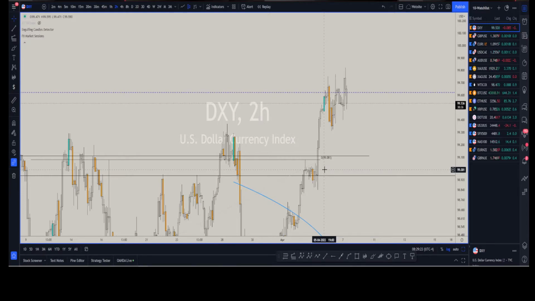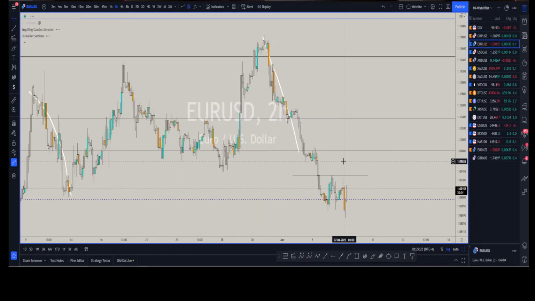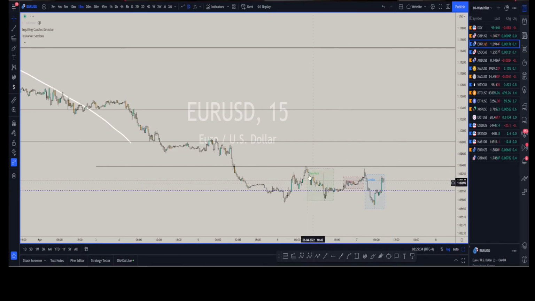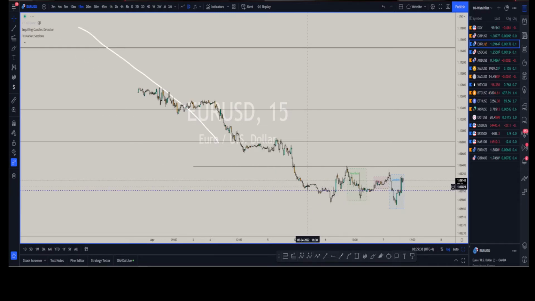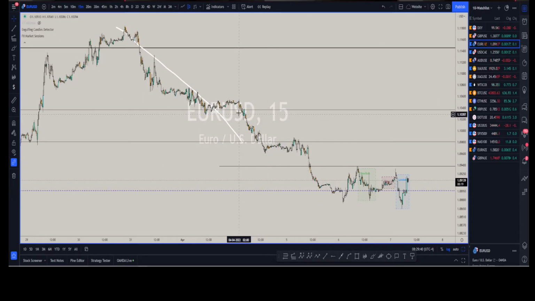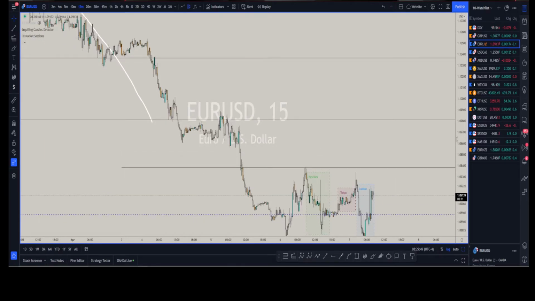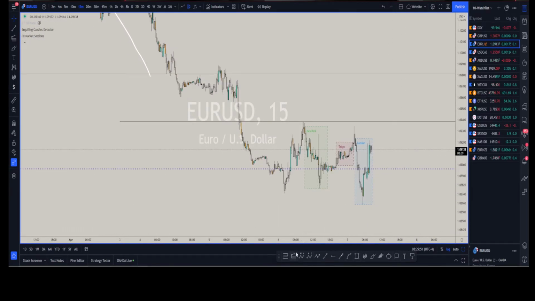Like the euro, look at the euro yesterday. The whole New York, it just cleared everyone. That's euro. You expect that, but when it moves, it freaking moves. So it reached my interest zone too.